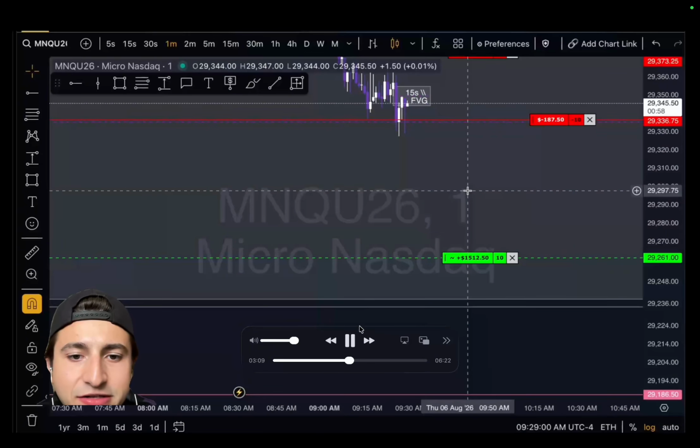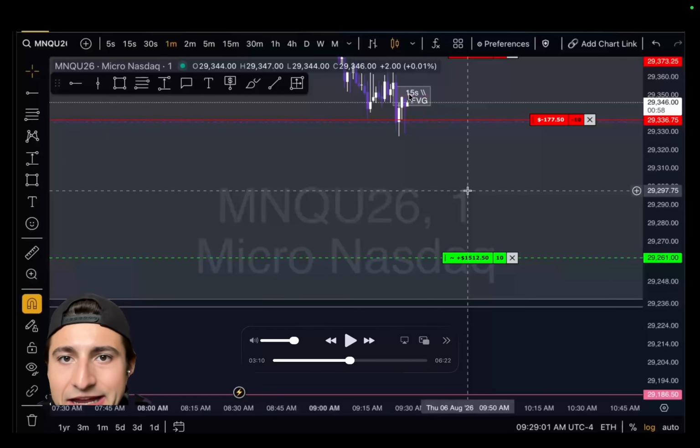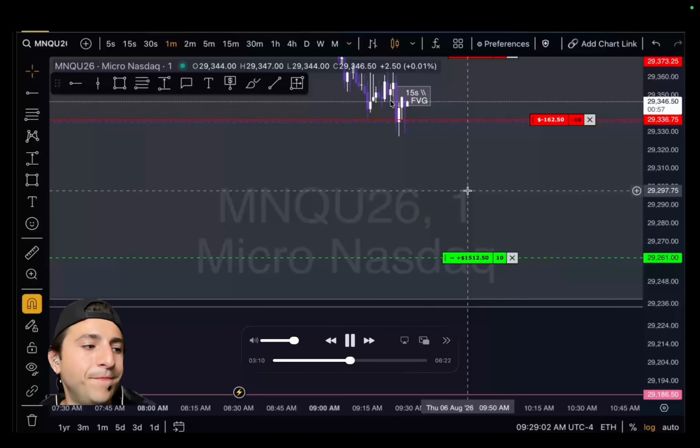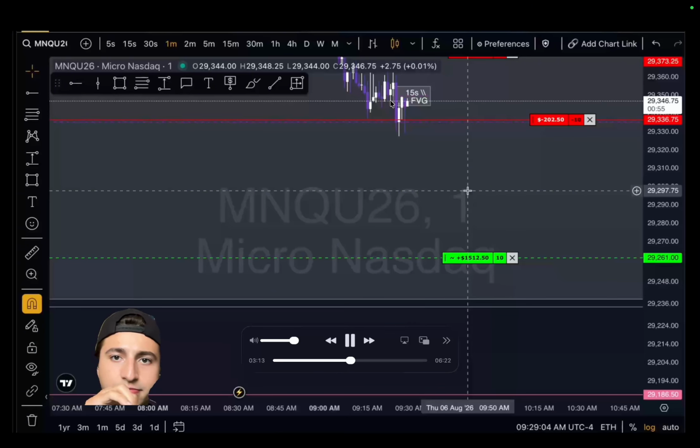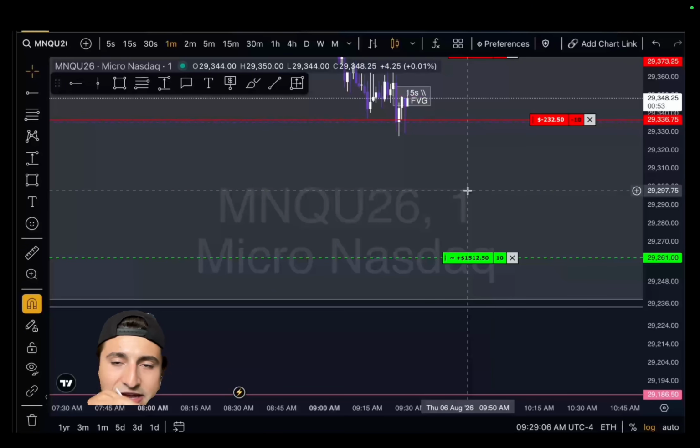So watching price action, you can see how these wicks lower are signaturing to me that we might continue lower, since all of these rejection high wicks here into this 15-second fair value gap that we're suspecting to show most bearish signature, respecting lower pricing.